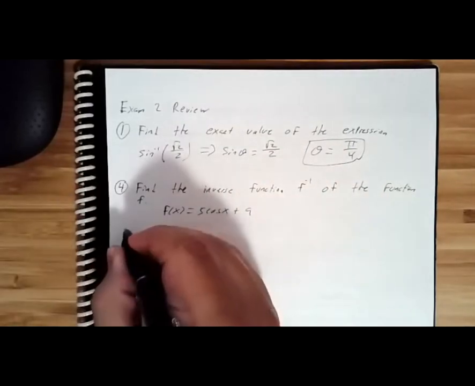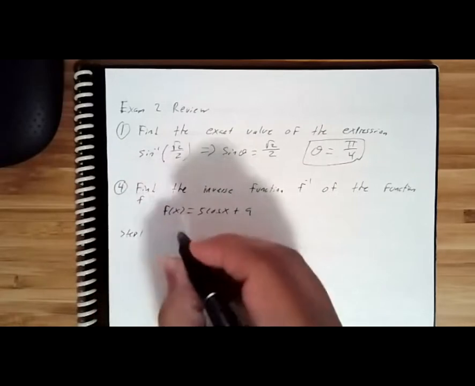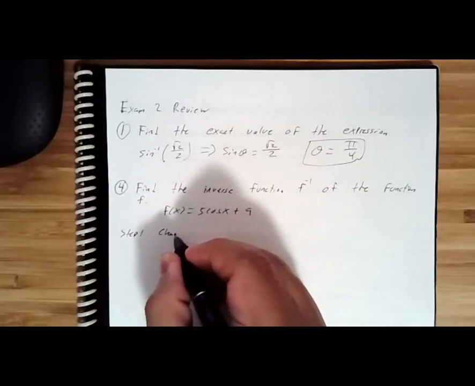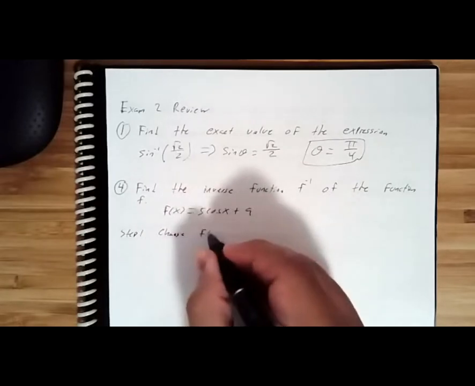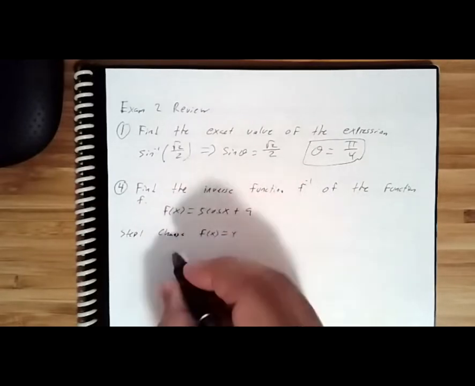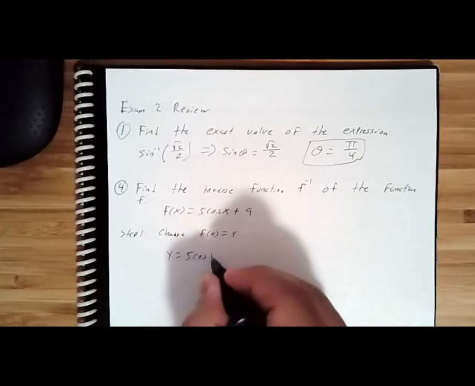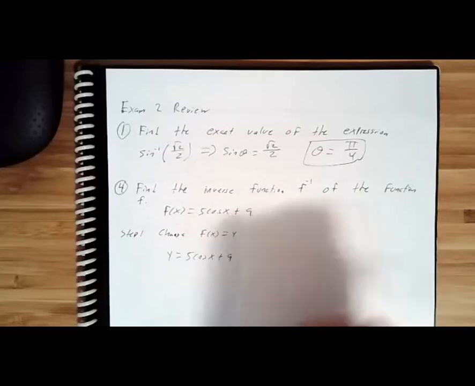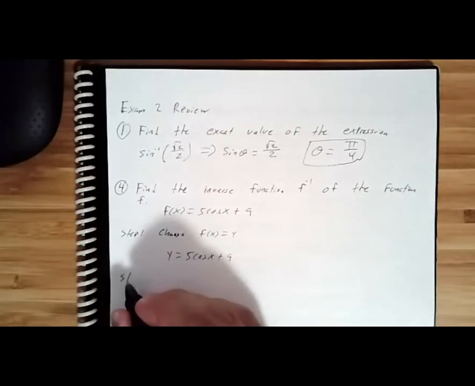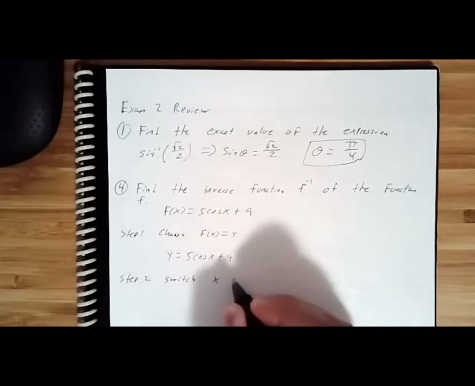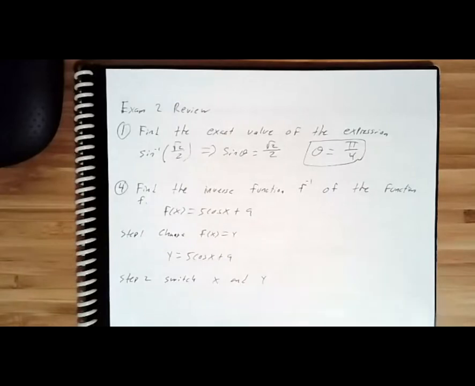Remember how we said step 1 was change f(x) to y, right? So we get y equal to 5 cosine x plus 9. Step 2, we said switch x and y, right?